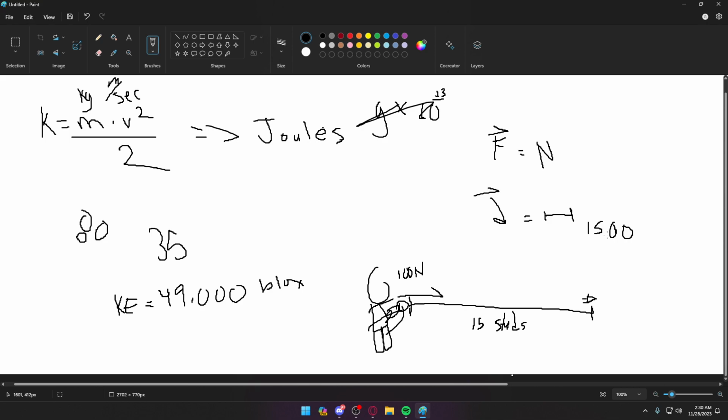Pretty simple. You get 15,000 is your work. But you'll have your measurements also in joules, so we'll just write blocks. Keep it simple. So this is your work, W equals this.